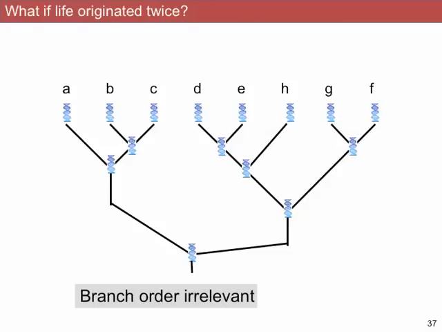So figuring out the order in which anything occurred doesn't help us tell how organisms are related to each other, right? Because they all occurred back here on the branch leading up to the common ancestor, because the common ancestor has all of these features. Does that make sense? So it's interesting to figure out what that order is, but that relates to the origin of life, really, and not to the relationships among organisms.